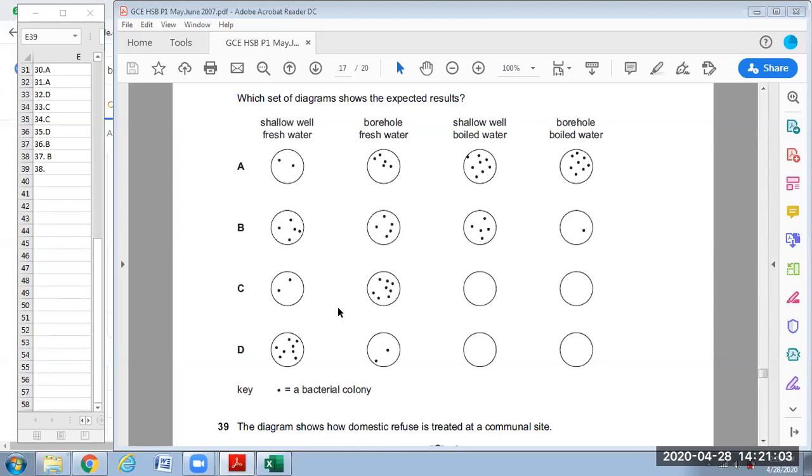Because bacteria like air, they need oxygen. If they're too deep in a hole, they won't get enough oxygen because they need to respire. They are living organisms. So the best answer here would have been D. Very tricky.